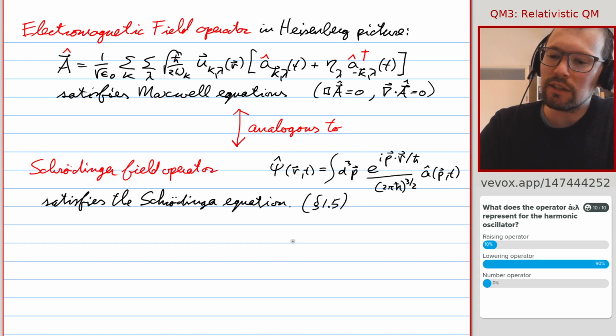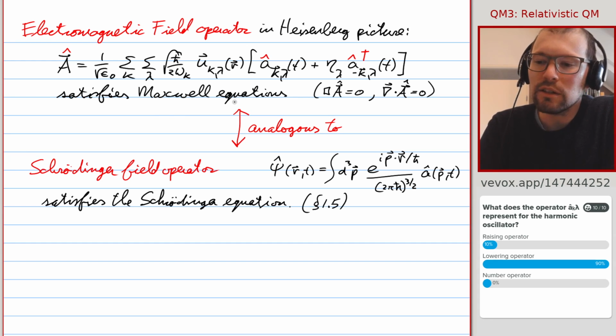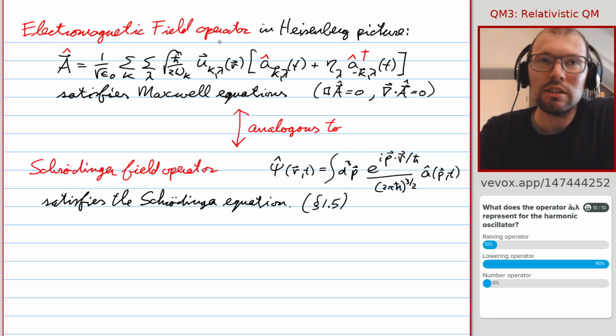We have instead started with the Maxwell equations, which is a different wave equation, and turned the solutions to those into the electromagnetic field operator.